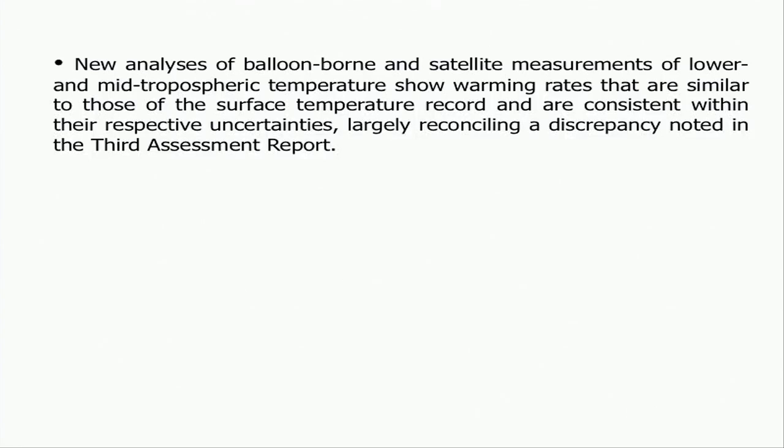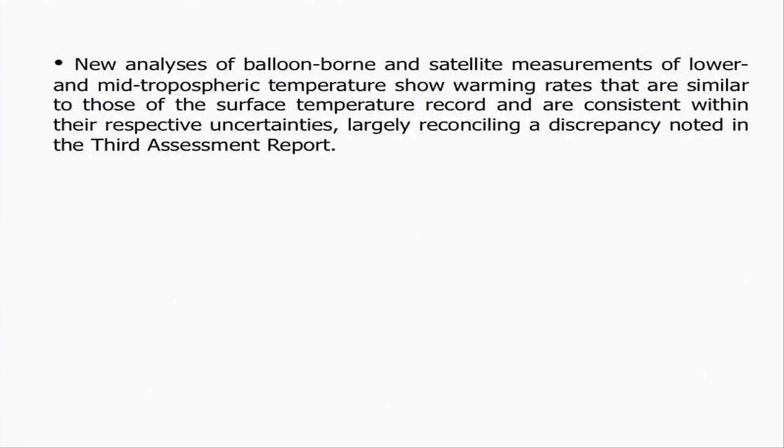So, we also have, of course, other temperature measurements from the atmosphere, not just surface temperature measurements. We've got balloon-borne and, more recently, satellite measurements, which give us measurements in the mid to lower troposphere, as well as some in the stratosphere. And indeed, most of the trends we see in the mid to lower troposphere are also quite consistent with the surface temperature trends.